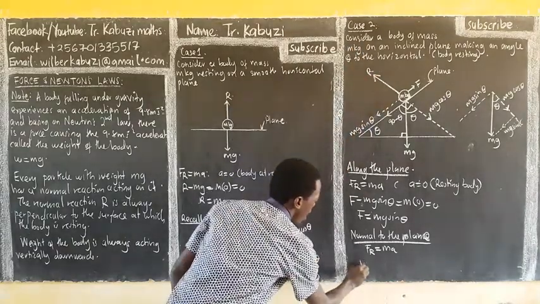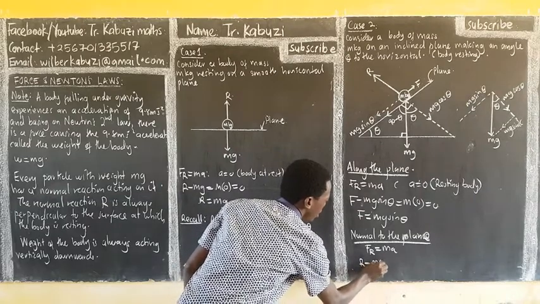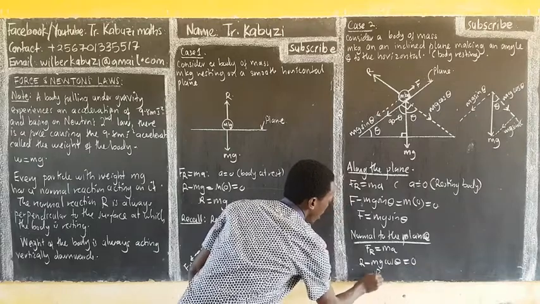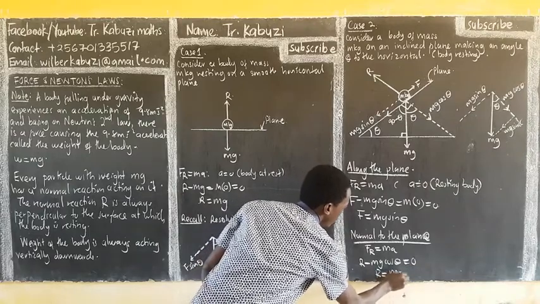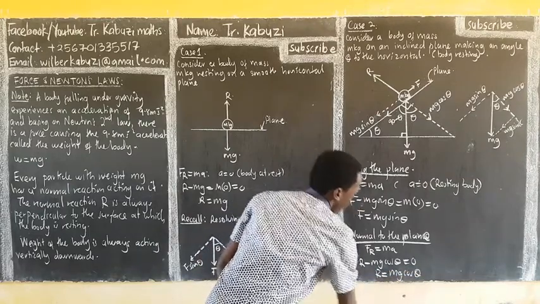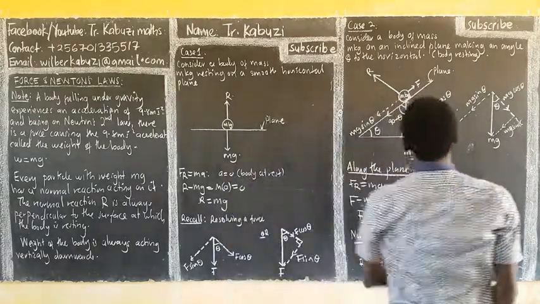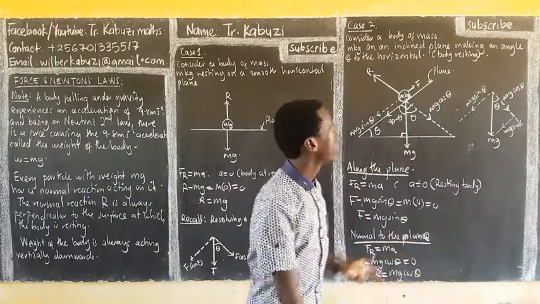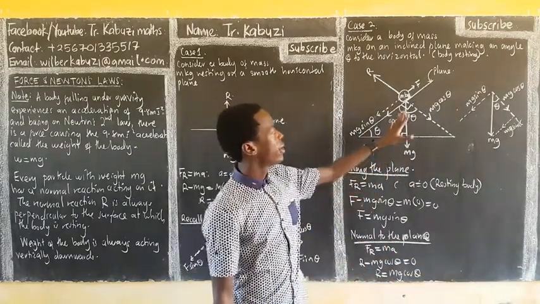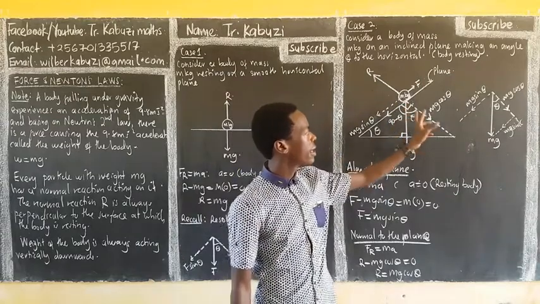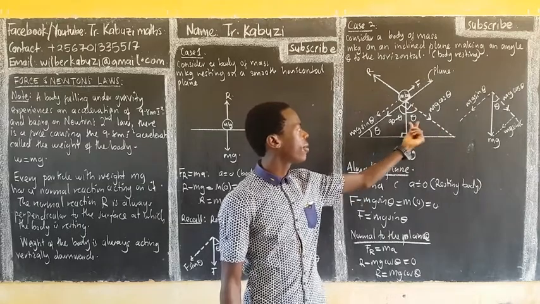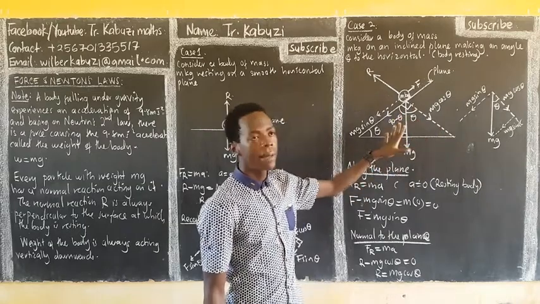So you have R minus mg cos theta equal to 0. So from there, our R will be mg cos theta. Now the body is just resting, so these are the three things we can do. This is how we can resolve that. The idea is you need to know that whenever you have this force like this, we're going to resolve it like this. You have seen why this angle is also theta, basically.